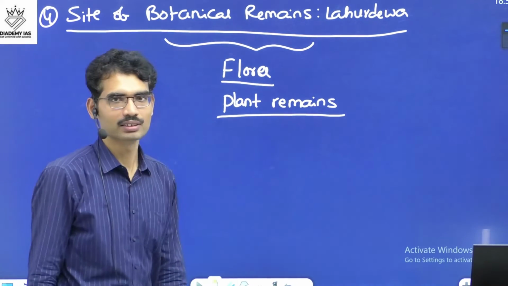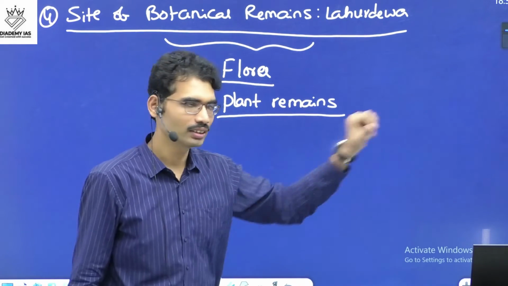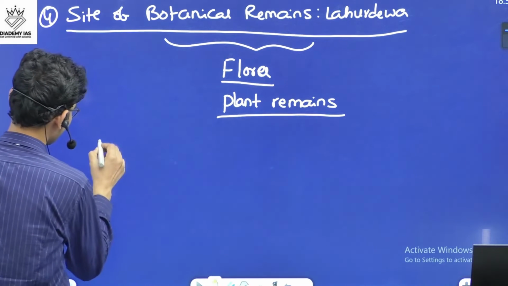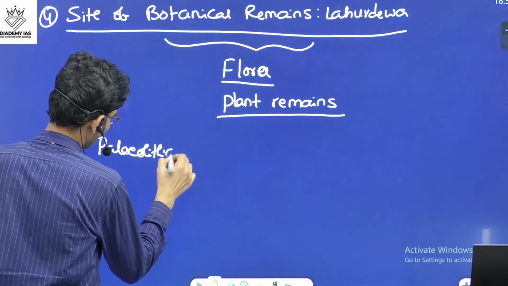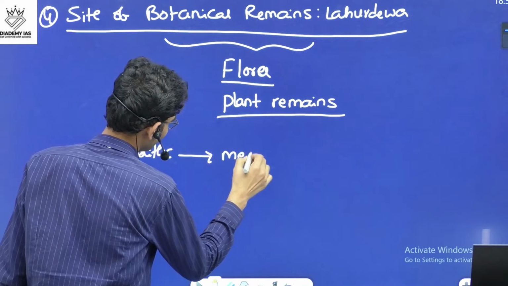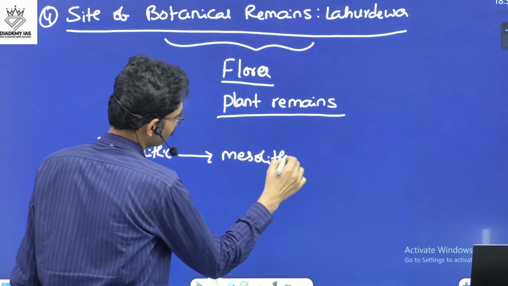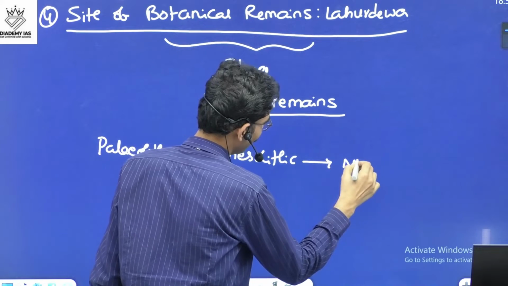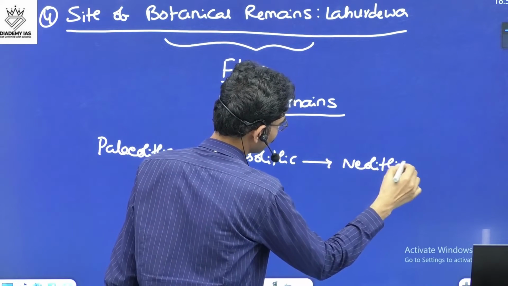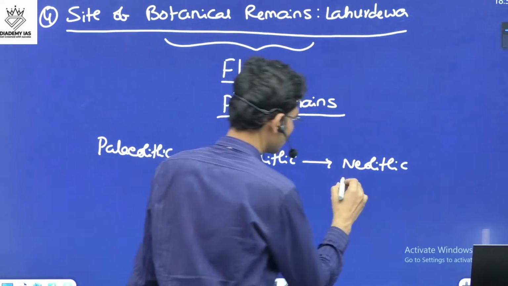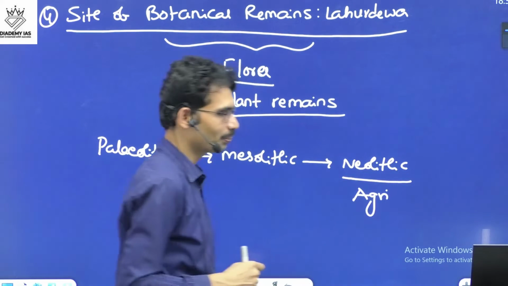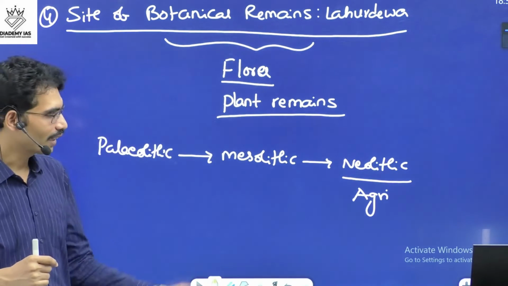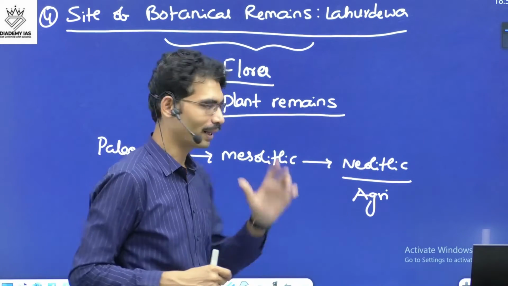Some plant remains. In this particular location, yesterday we have seen Paleolithic. After Paleolithic, Mesolithic comes. After Mesolithic, Neolithic. And Neolithic is known for agriculture. This is the timeline where agriculture became a common practice.